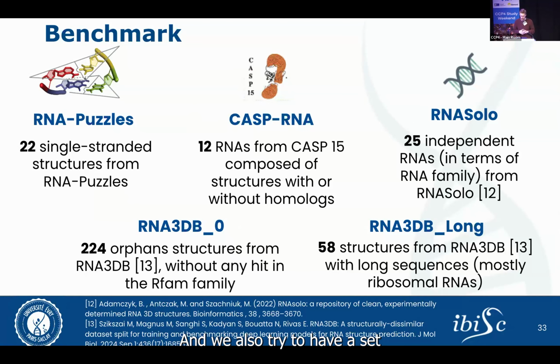And we also tried to have a set with long RNAs, which we call RNA3DB long, which are mostly ribosomal RNA. And we ensured that the release dates of these RNAs did not leak with the training set of the different approaches.